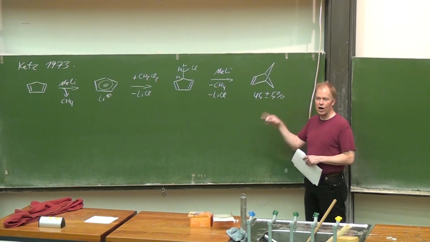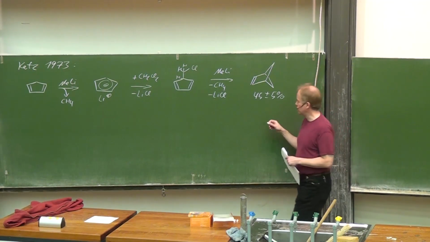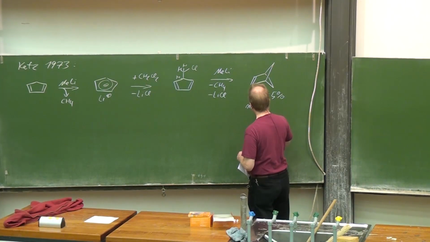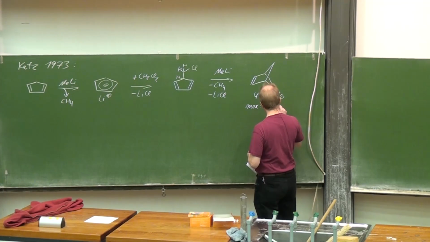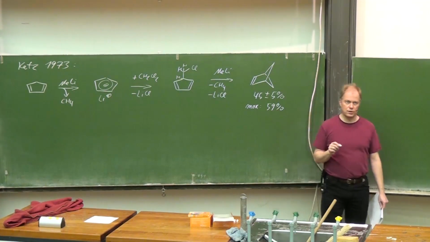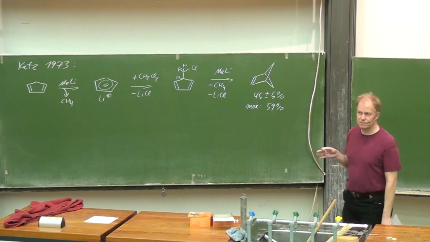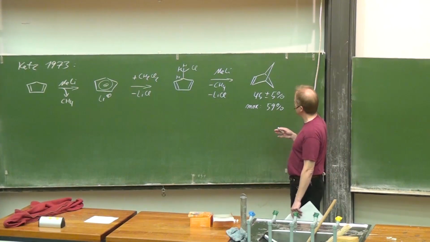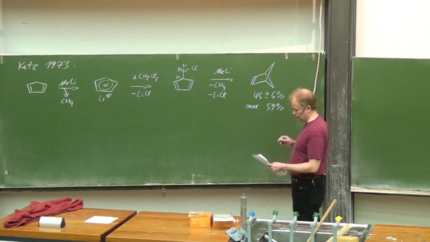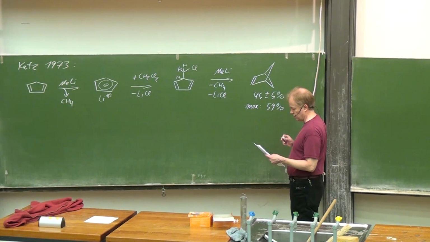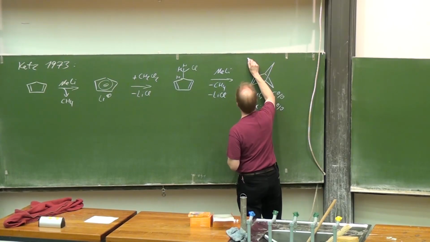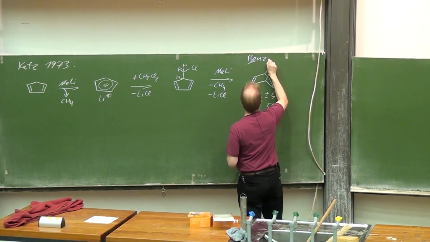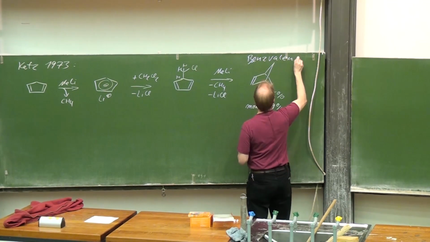We did it a lot of times, and the maximum yield was 59%, but obviously achieved only once. So, this is also a highly strained molecule. It has a trivial name called Valine.